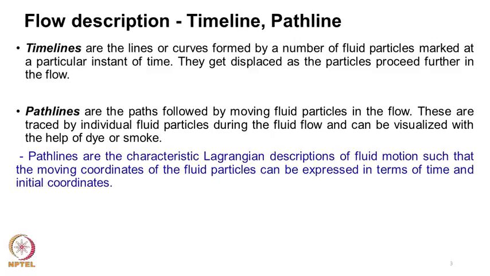So, path lines are characteristic of the Lagrangian description of the fluid motion, such that the coordinates of the fluid particles can be expressed in terms of time as well as initial coordinates.